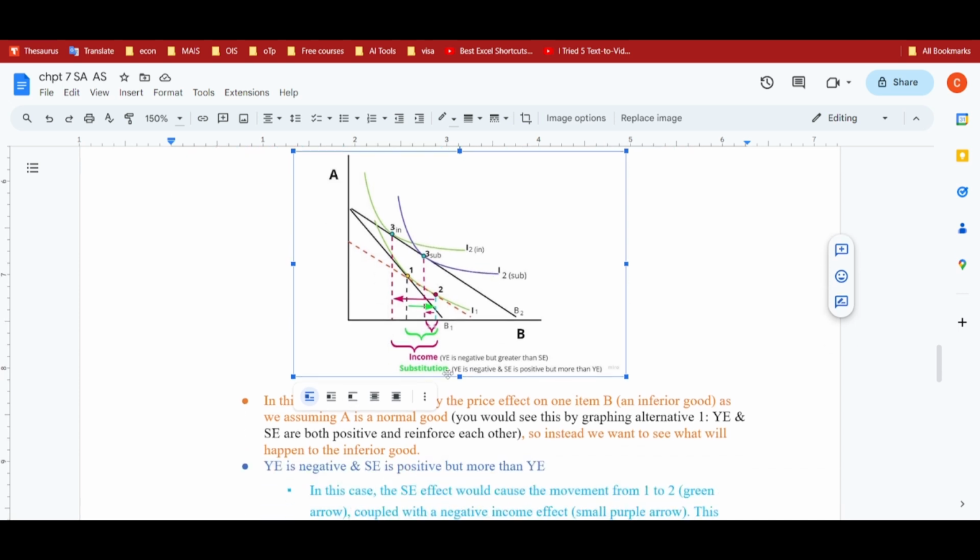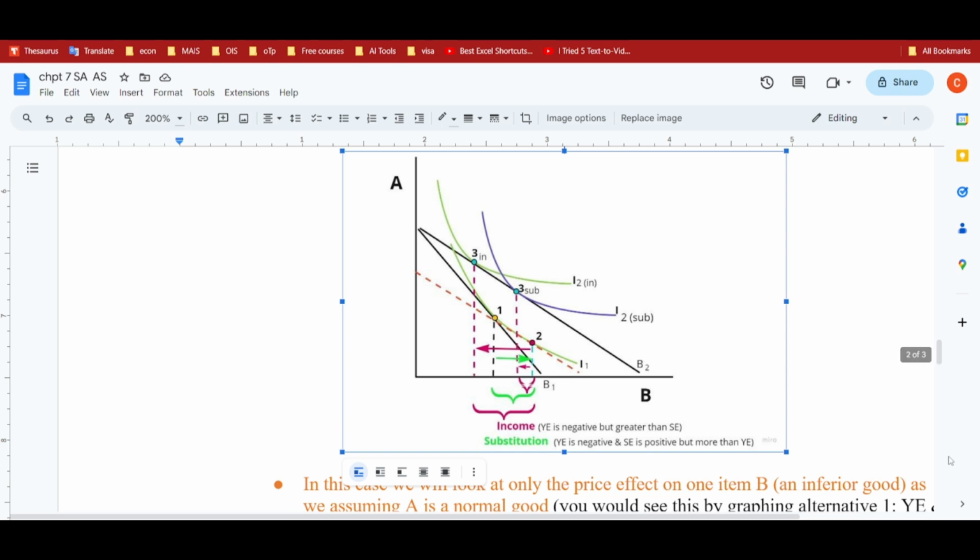So here I said that basically the income effect is negative but greater than the substitution effect, and the other case is where the income effect is negative and the substitution effect is positive but more than the income effect, right?